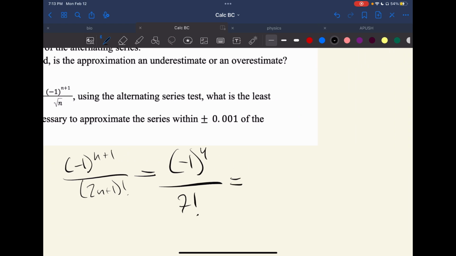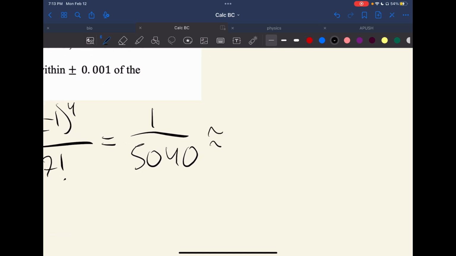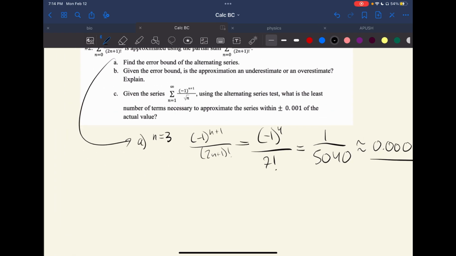Negative 1 to the 4 is just going to become positive 1. And then 7 factorial is 5040. And then if we simplified that and made it a decimal, we would get 0.000198. So that's the error bound of the series, okay?